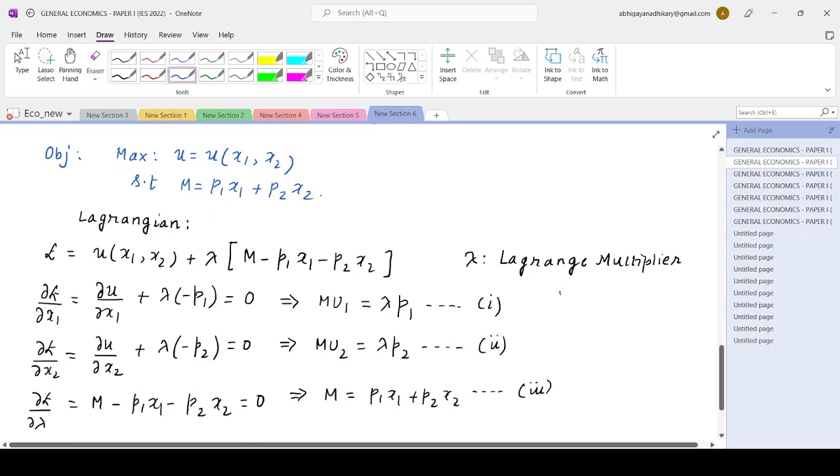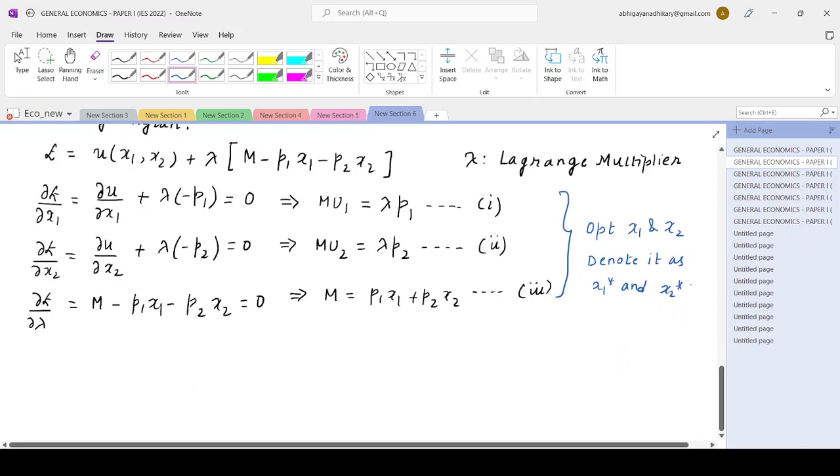So using these three equations, we need to obtain the optimal x1 and x2, which we denote as x1 star and x2 star, and we will obtain lambda star as well.